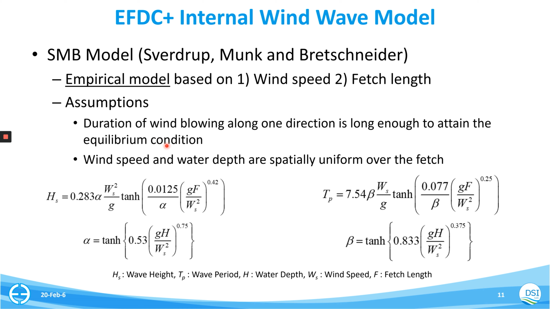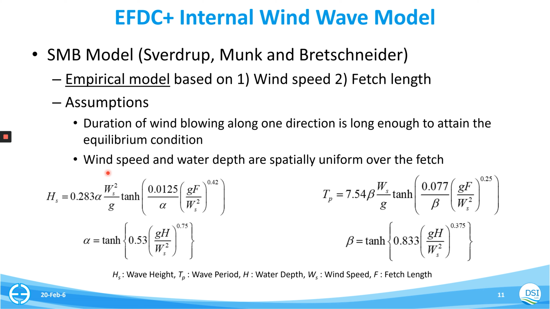This assumption means that in the internal wave model, the wind direction is the same as the wave direction. And because of this assumption, wave refraction and diffraction will not be taken into consideration under the EFDC Plus internal wind wave model.